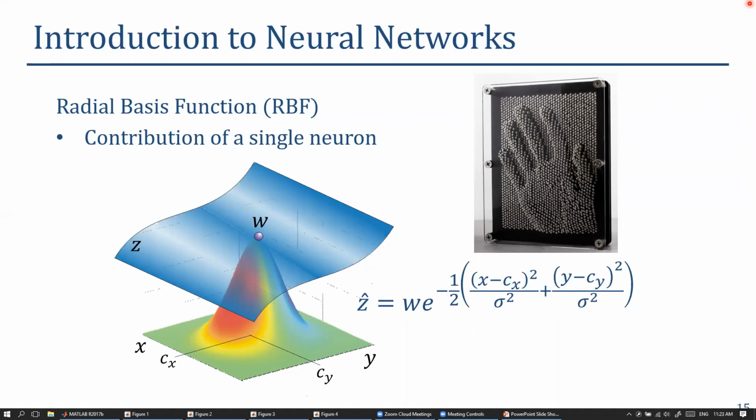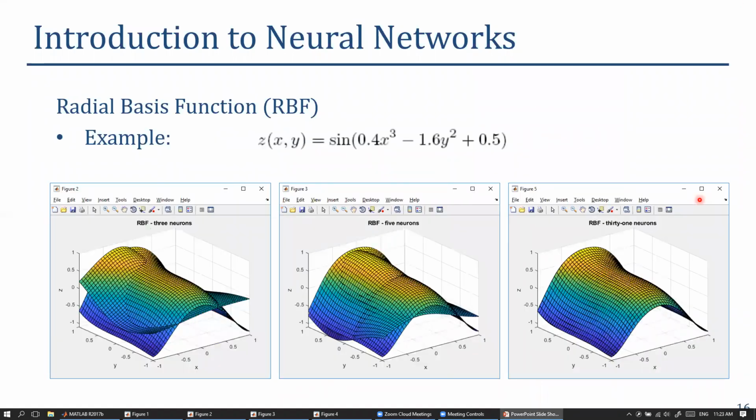Now let's go further. The same thing, using the radial basis function neural network: we can approximate the surface, and here is the approximation with 3 neurons, with 5 neurons, and 31 neurons.